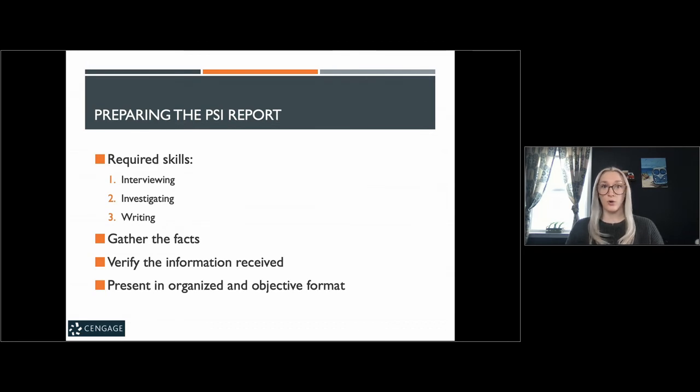You need to know who to go to, who to talk to, what questions to ask. And then writing skills. You need to be able to put all of that information together after you've gathered all of the facts, after you've verified all of the information you got. And you need to be able to present that in an organized and objective, straight to the point, concise, is a word we like to use, very concise report.